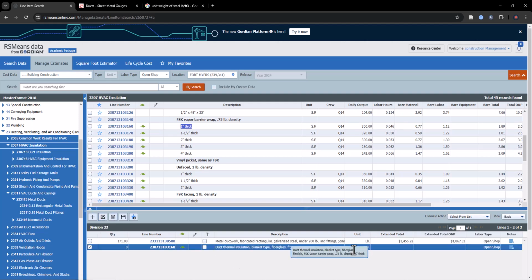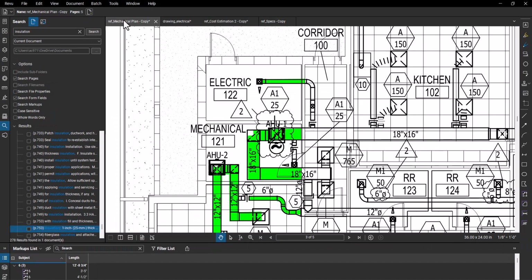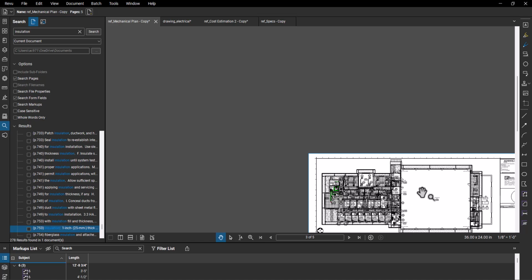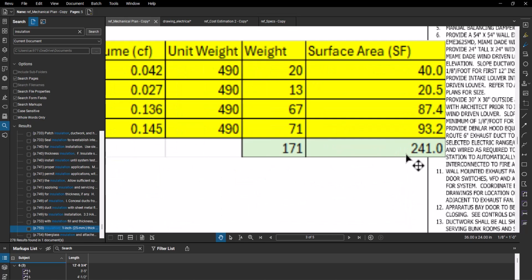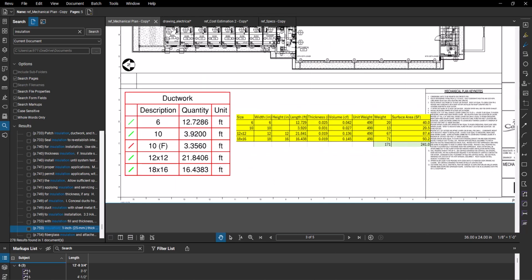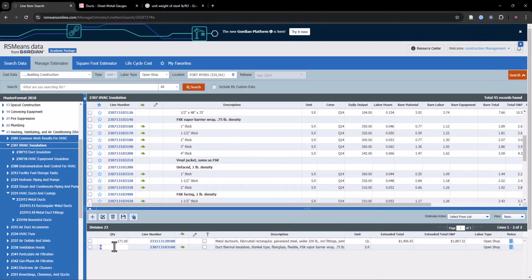You see it measures by square feet over here. The one we measured is 241 square feet. So we have 241 square feet over here.